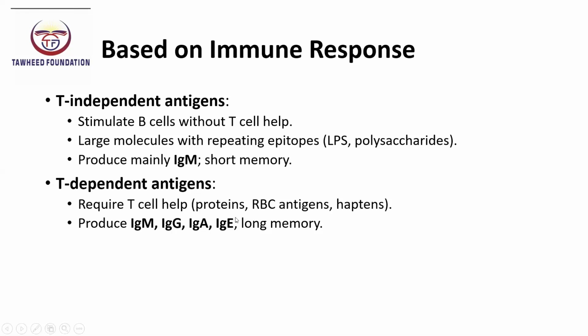This includes proteins, red blood cell antigens, and hapten carrier complexes. T-dependent antigens induce a more robust response, leading to the production of multiple classes of antibodies such as IgM, IgG, IgA, and IgE. They also generate long-term immunological memory, which is the basis for effective vaccination.